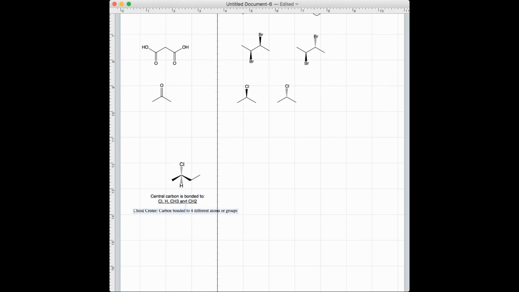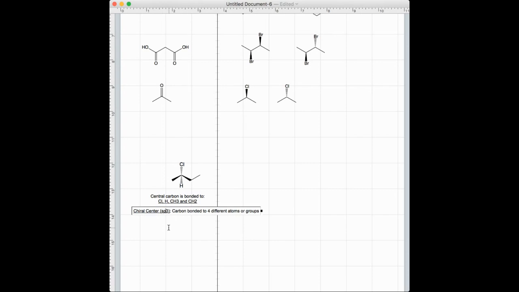Any carbon, so obviously, because I am talking about a carbon bonded to four different groups, a chiral center refers only to an sp3 hybridized carbon, because obviously an sp2 hybridized carbon will only have three sigma bonds.